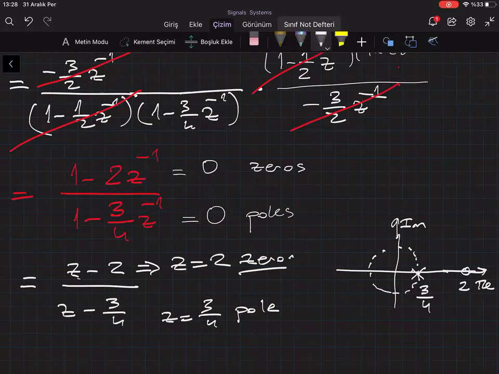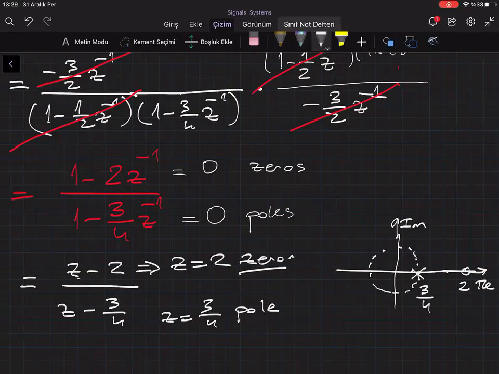So Süleyman says, hocam, can we use y of n, h of n, and x of n directly to find h of z? I don't think you can find it that way, Süleyman. This is the way we should usually follow. I should check by calculation, but it's not the way we do.